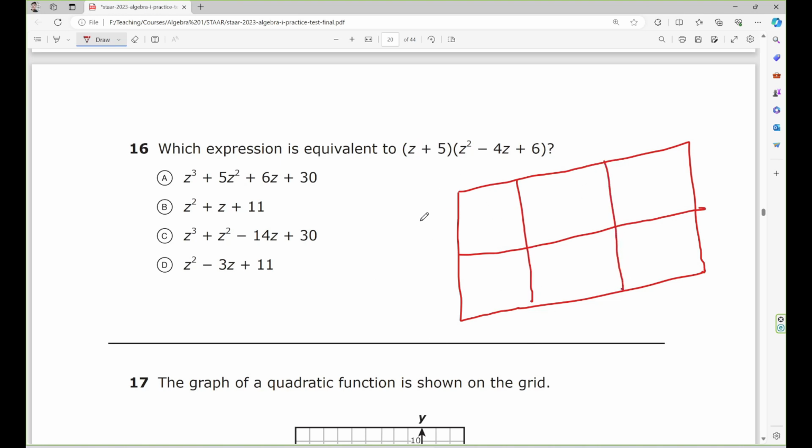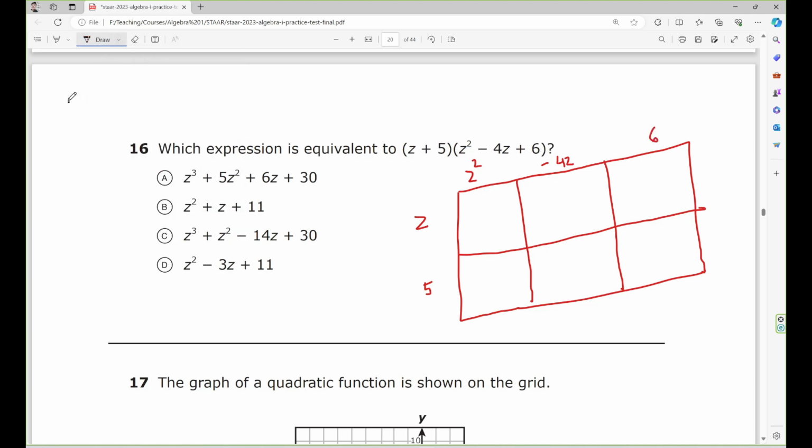Right here I put z, and this is plus 5, so I put 5. This is z squared, put z squared. This is minus 4z, I put minus 4z here. This is 6, I put 6 right here.